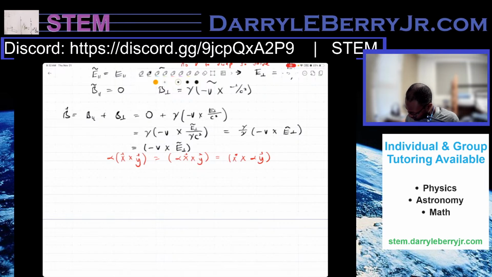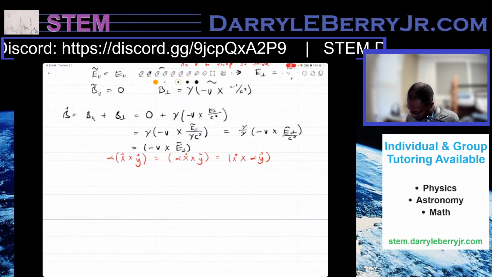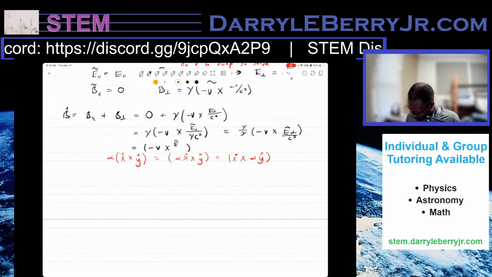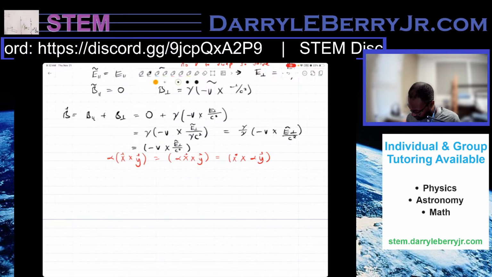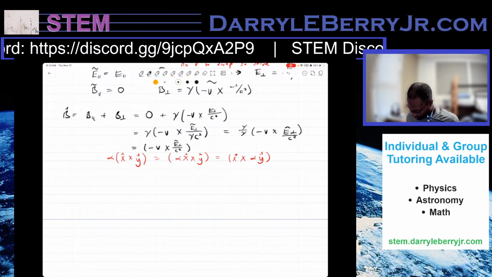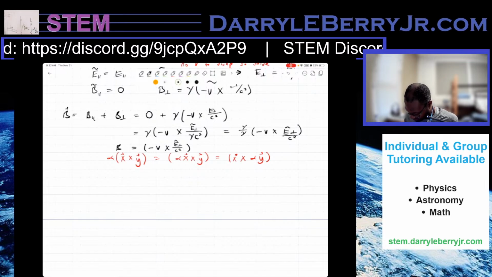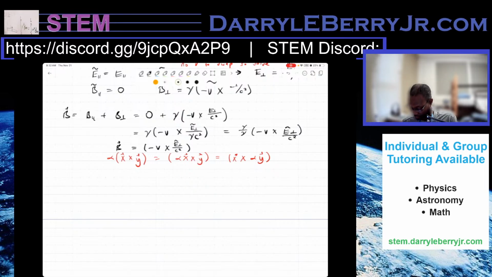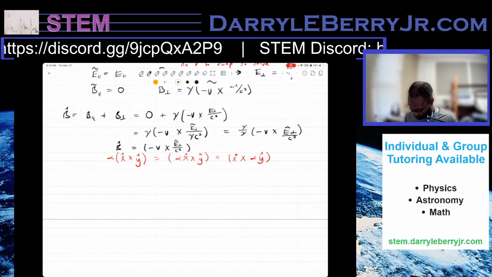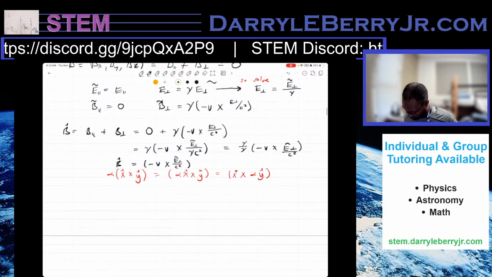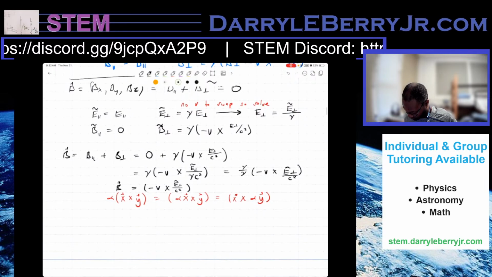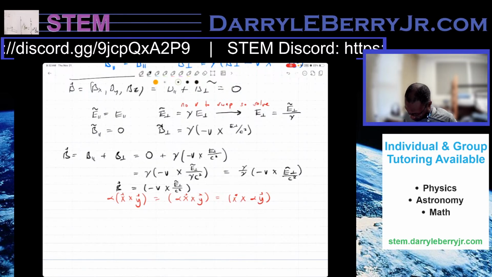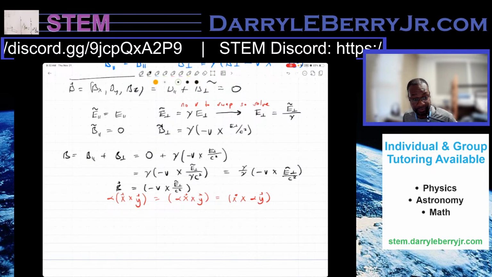I left off my C squared. C squared is still there. E boosted perpendicular over C squared. And that is all of B. So B in the boosted, I should actually call this S for B boosted.